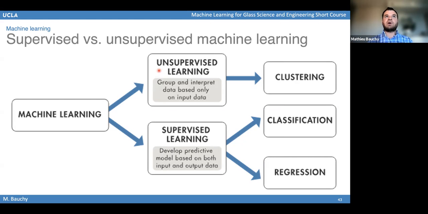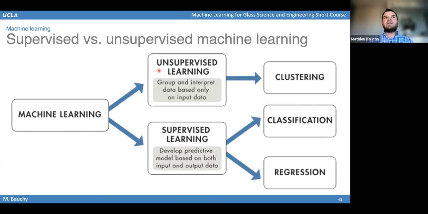So you don't know, for example, if those glasses belong to different families. You don't know any property of those glasses. The label would be either a name of the group that this glass belongs to, or some properties that you would be interested in predicting for those glasses. So that would be a label.